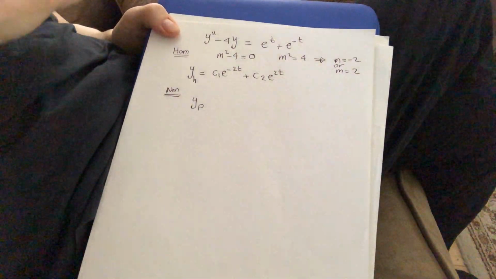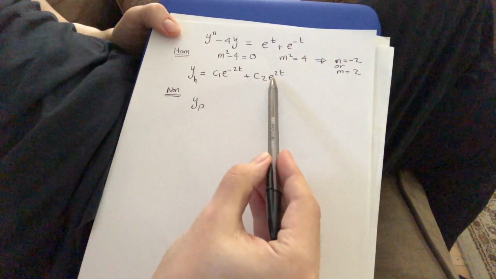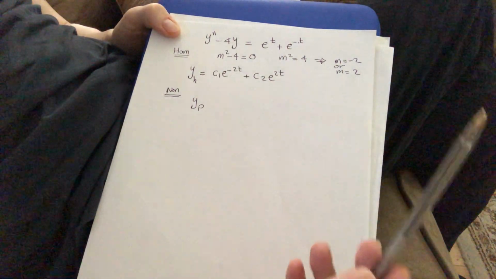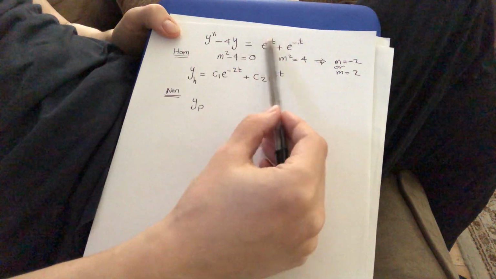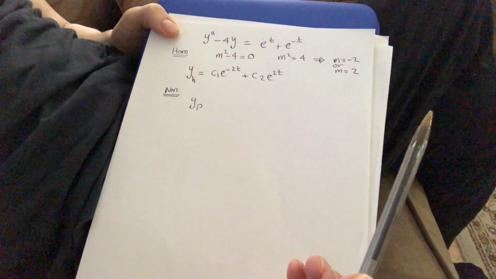Now this is where it gets a little bit tricky. First of all, you need to see if anything is repeated. Here you have e to the t and e to the minus t; you don't have e to the minus 2t, and you don't have e to the positive 2t.